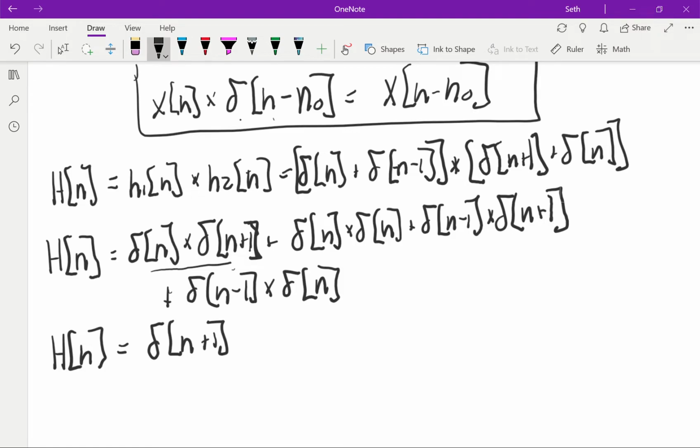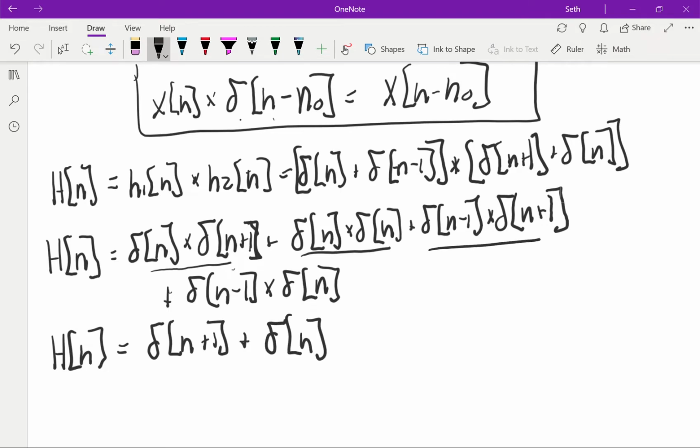So we get delta n plus 1 for the first term. And for the second term, using the same logic, the first delta n is x of n, the second delta n is delta n minus n naught where n naught is 0, so we get delta n.